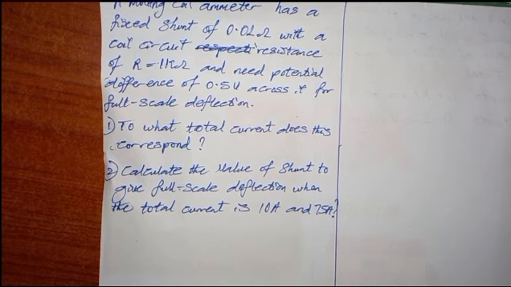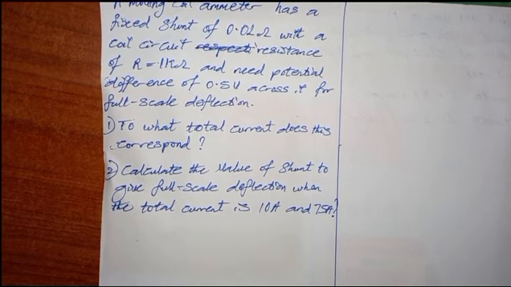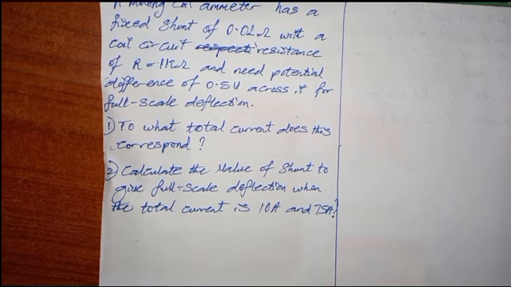Question 1 says, to what total current does this correspond? And question 2 says, calculate the value of shunt to give full scale deflection when the total current is 10 amps and 75 amps.